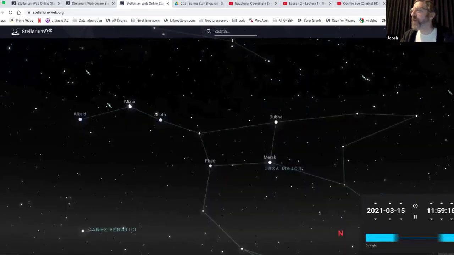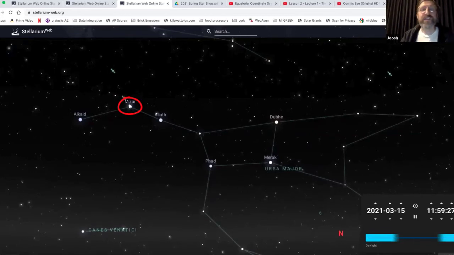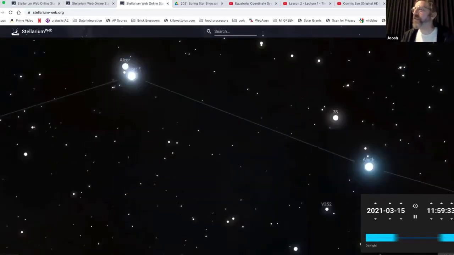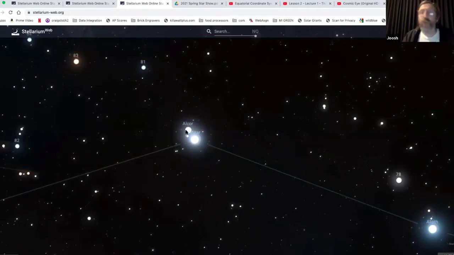Now, I did want to bring your attention to this. They said that in the First Nations myth, these are braves. If you look at this star right there, and you can go out tonight and see this, if you look really close at this star, you will see that there's more than one star there. It's easy for us to see this because I can zoom in, but most people, if you look a little bit away from it in the sky, can detect that there actually is another star there, Alcor.